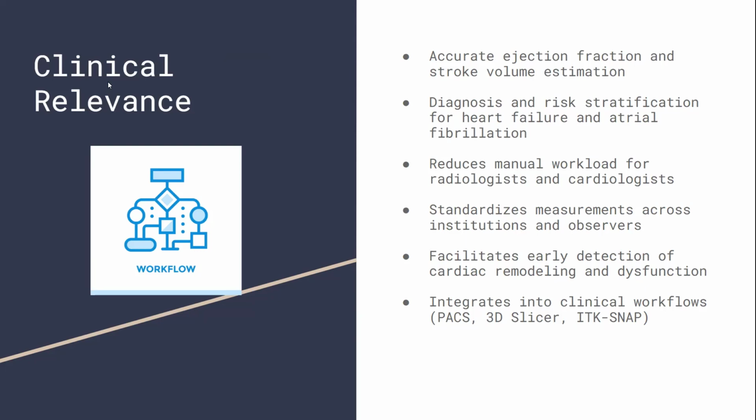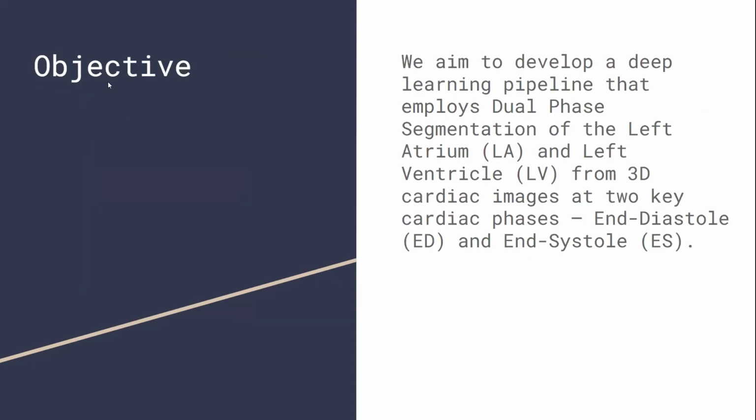It could also help facilitate early detection of cardiac remodeling and dysfunction, and hopefully integrate seamlessly into existing clinical workflows, such as PACS, 3D Slicer, and ITK-SNAP. So our objective, or problem statement, is to develop a deep learning pipeline that employs dual phase segmentation of the left ventricle and left atrium from 3D cardiac images at two key cardiac phases, end diastole and end systole.